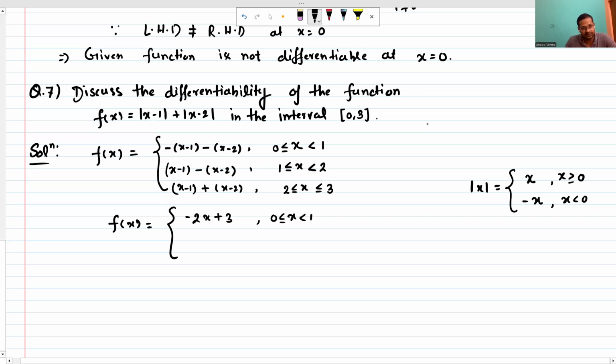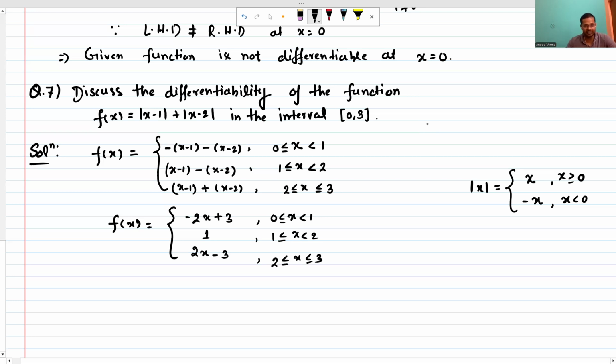For the next one, minus x plus x cancels, giving 0, then plus 1 and minus 2, so 2 minus 1 remains 1. When x is less than 2 and greater or equal to 1, the value of the function is 1. For x between 2 and 3, it will be 2x minus 3.